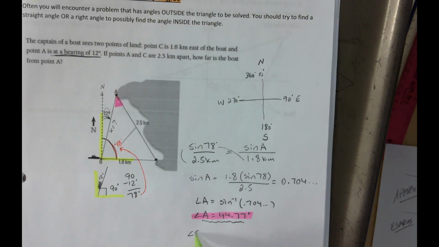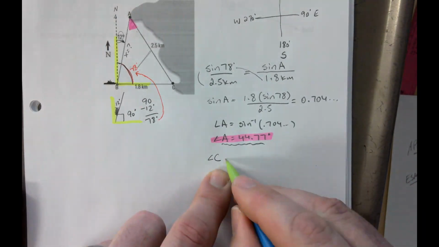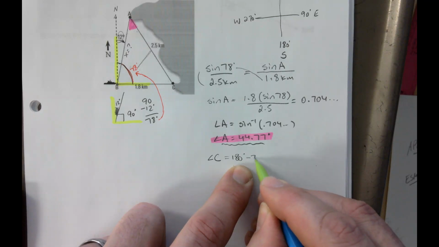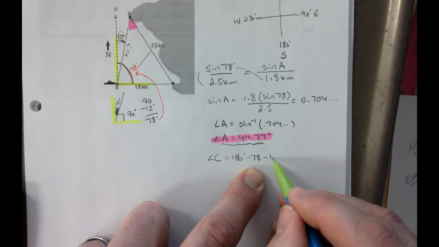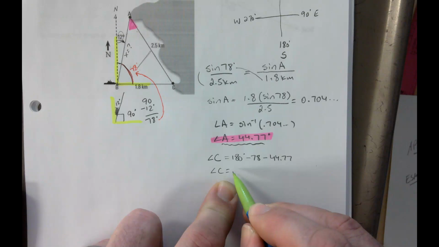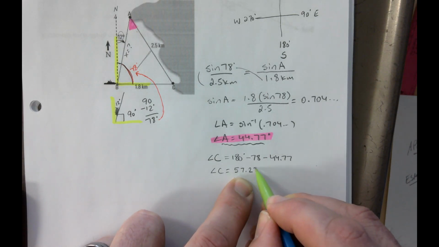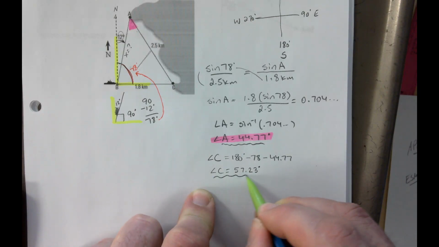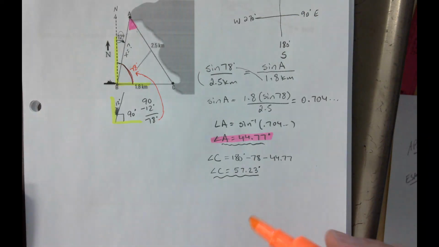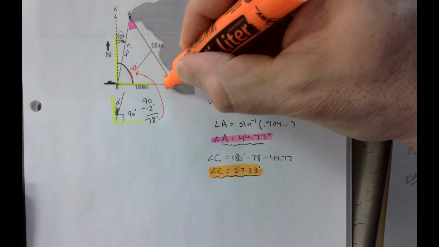So angle C is just going to be 180 minus 78 minus the one I just found. That is 57.23. Also important. I haven't used orange yet. So that's this one right here.